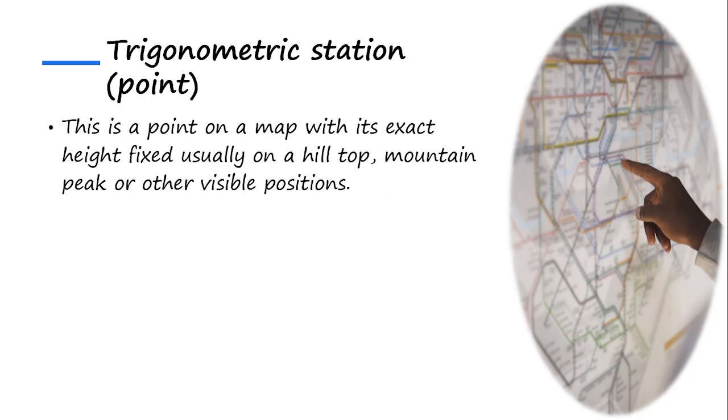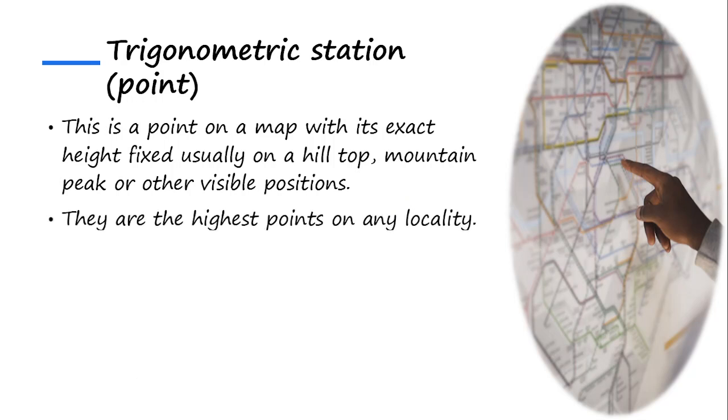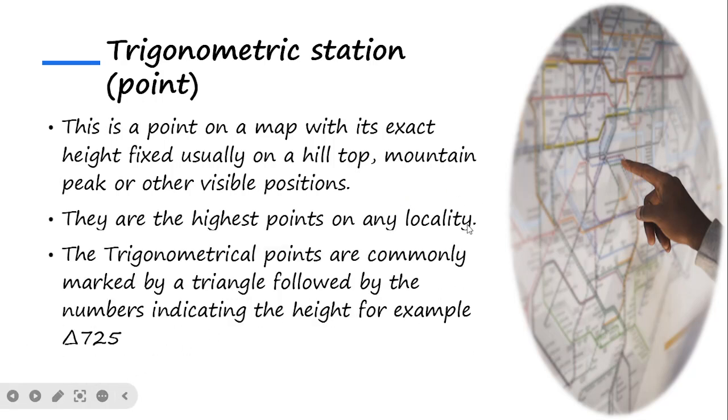They are the highest points in any locality. The trigonometrical points are commonly marked by a triangle followed by the numbers indicating the height, for example, triangle then 725. This is an example of a trigonometric station, and you can simply see them in topographical maps.